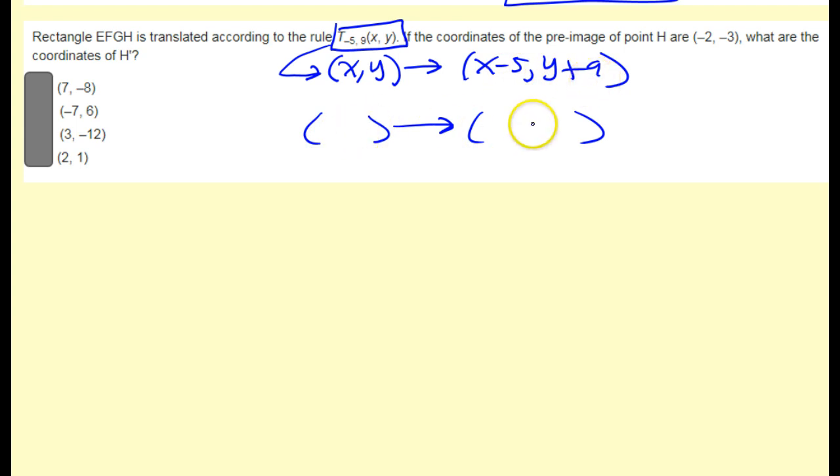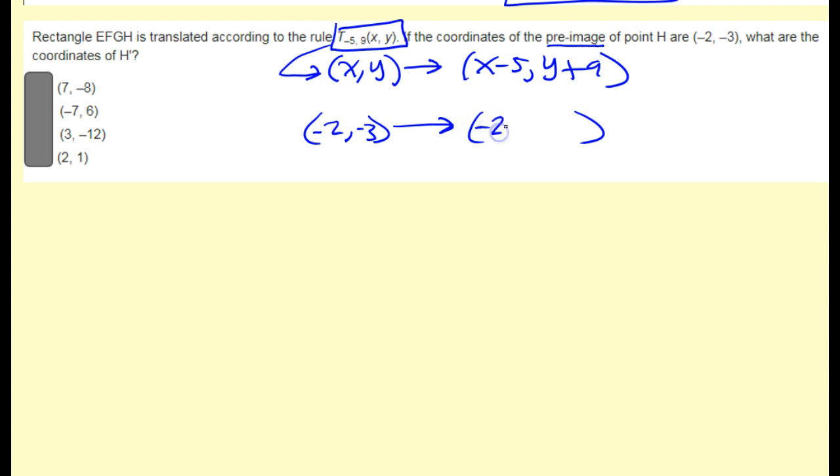So which is it? Well, the coordinates of the pre-image are negative 2, negative 3. The pre-image is the original. So they're giving us the original point, negative 2 comma negative 3. So we are working forwards, not backwards. So we're simply going to subtract 5 and add 9.